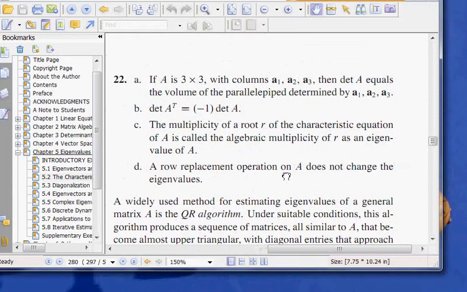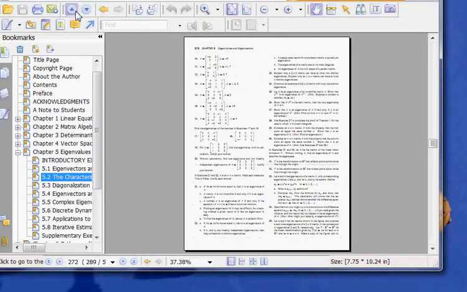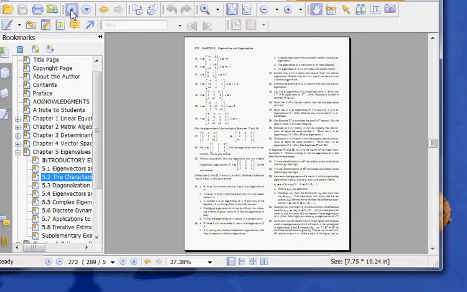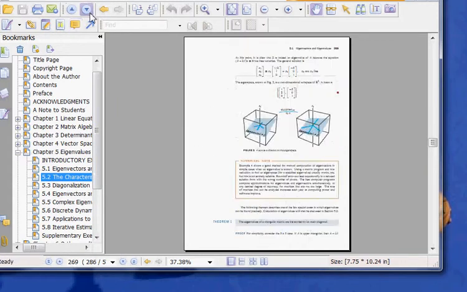If A is a 3 by 3 with columns A1, A2, A3, then the determinant of A equals the volume of the parallelepiped determined by A1, A2, A3. Well, this is false too, because look. Wait a minute, I went too far. That was section 5.1. I apologize.